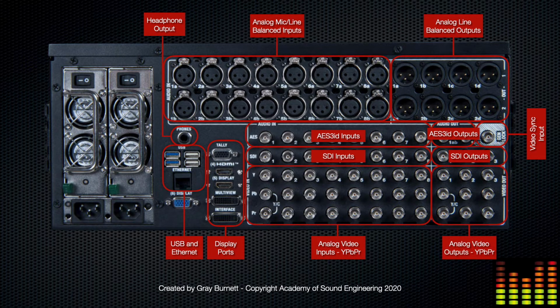Then we have our 3 analog outputs, also in the YPb-Pr format, and these can also be configured to host YC or composite video signals. Then we've got our dual redundant power supplies. These are hot swappable PSUs, allowing for one PSU to fail and get replaced, while the other PSU takes over.